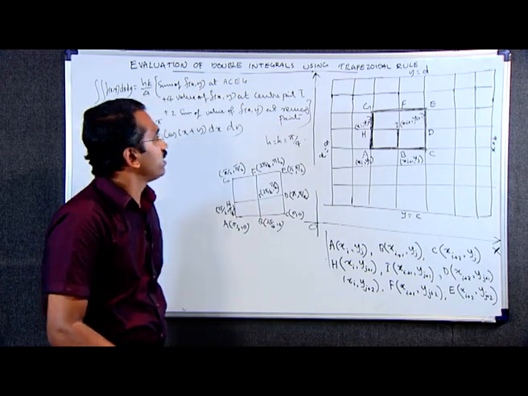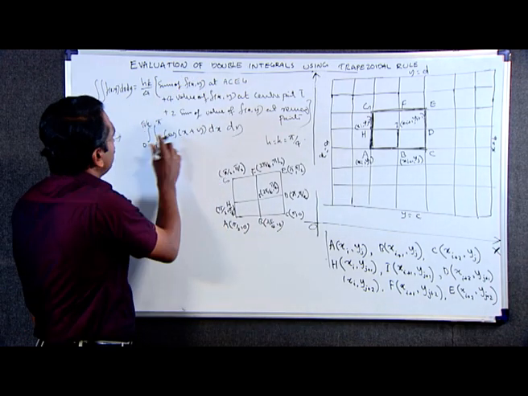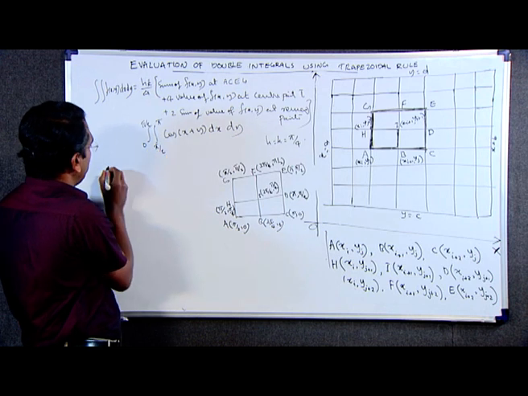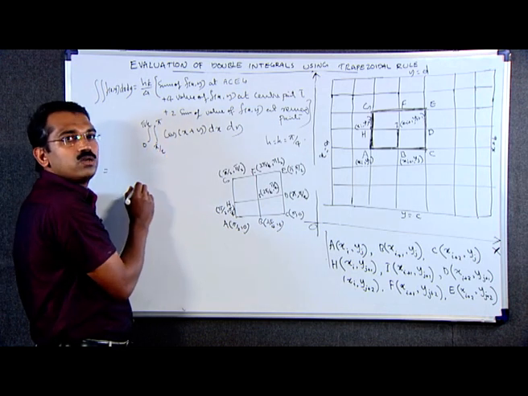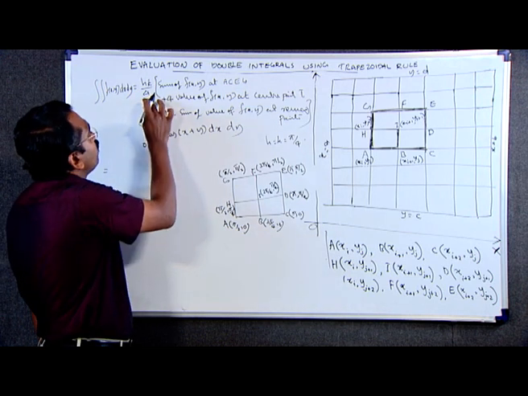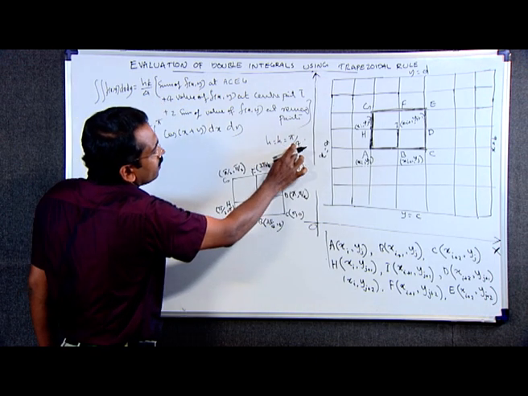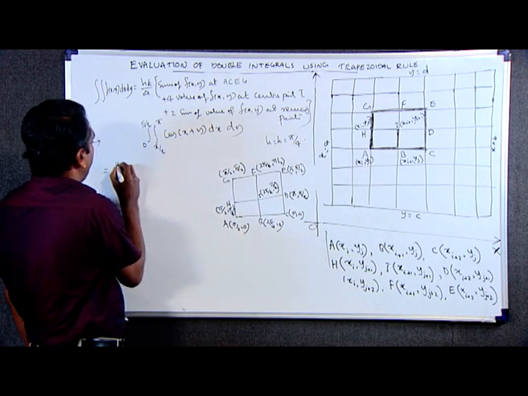Now, by the trapezoidal rule, we can write the value of this integral as h into k divided by 4. Here both are pi by 4.